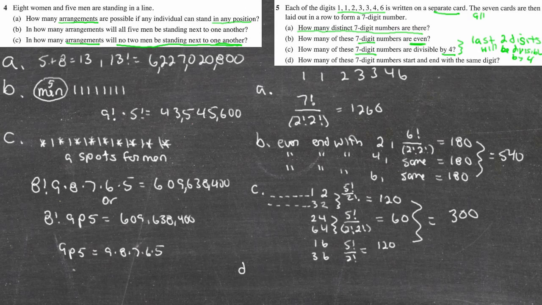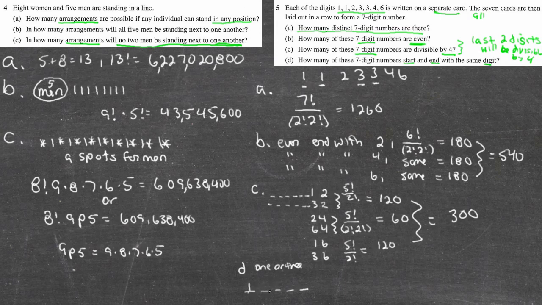Now, part D, how many of these 7-digit numbers end with the same digit? Well, we've only got 2 numbers that repeat. We've got 2 1s and 2 3s. So one of the numbers must have started with 1s and ended with 1s, and the other ones must have started with 3s and ended with 3s. All right, so all we have to do is figure those out.